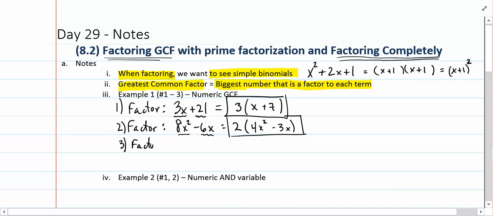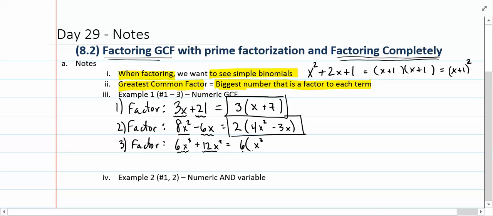Let's take a look at one more. Here we have 6x cubed plus 12x squared. The largest number that divides both 6 and 12, so the largest factor of the two terms that we have on display here, would be the number 6 itself. And after I factor out a 6 from the first term, I'm left with an x cubed.